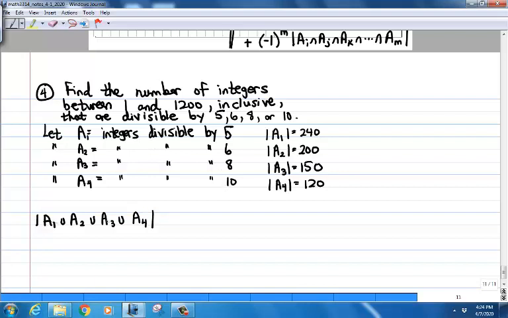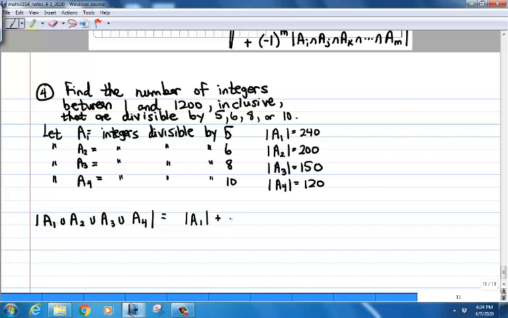If we can compute the cardinality of this union, then we will know the number of integers divisible by 5 or 6 or 8 or 10. So here we're trying to compute the cardinality of the union of 4 sets. Let's apply our inclusion-exclusion.